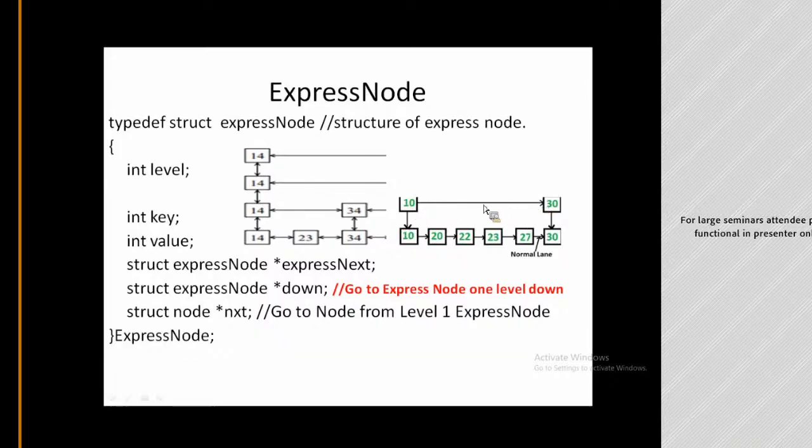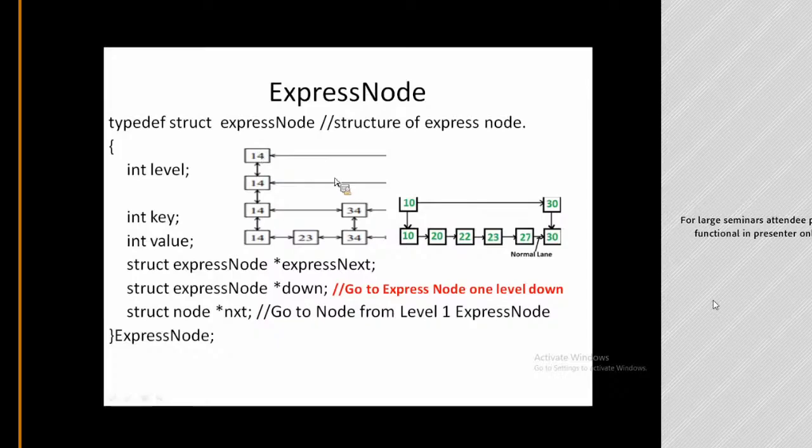But I said that this express lane could be in multiple layers. As you are seeing over here, at level one, from 14 the next node is 34. The above could be from 14, it may be going to 55.